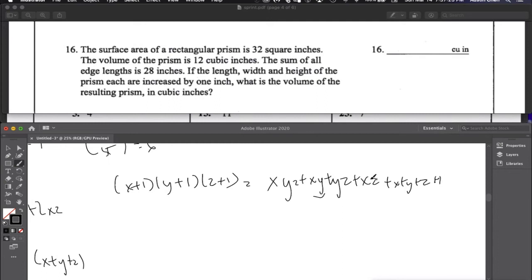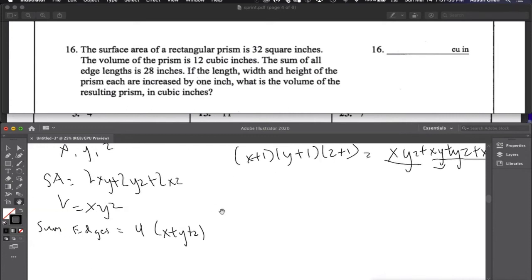And if you look at that, we actually have the values for every single one of them. xyz is equal to 12. xy plus yz plus xz is equal to the surface area divided by 2, which is 16, and x plus y plus z is equal to the edge length divided by 4, and so that's 7.